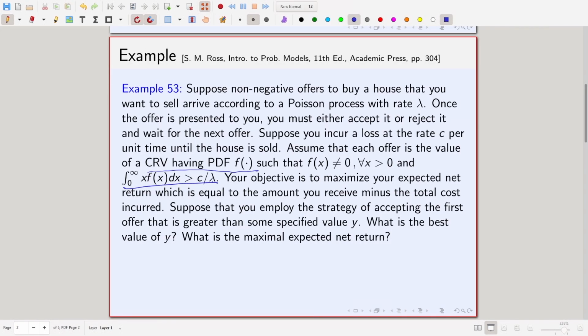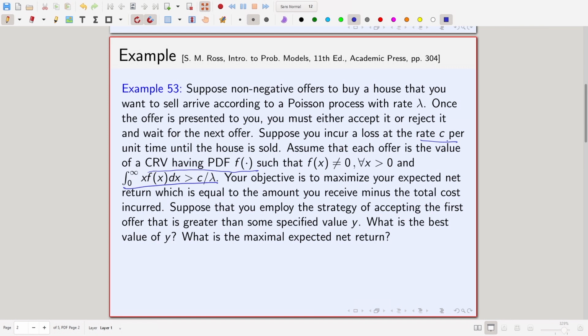These offers are coming independently of one another, and f has certain assumptions: for every x greater than 0 it is non-zero, and the integral from 0 to infinity of x f(x) dx is strictly less than C over lambda, where C is the rate at which you incur loss and lambda is the rate of arrivals of the offers.